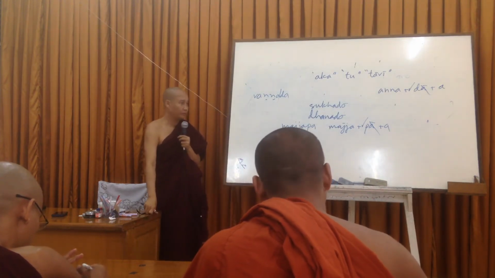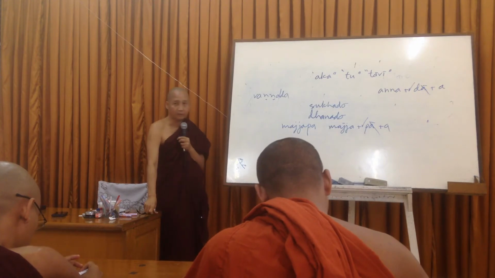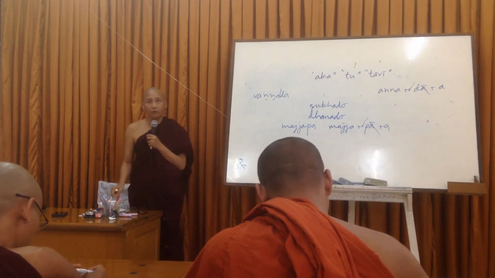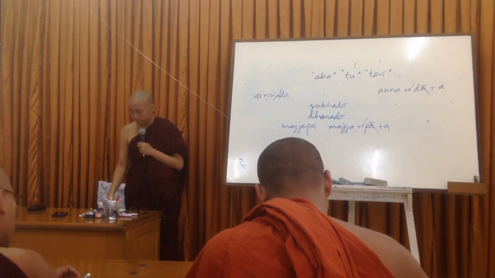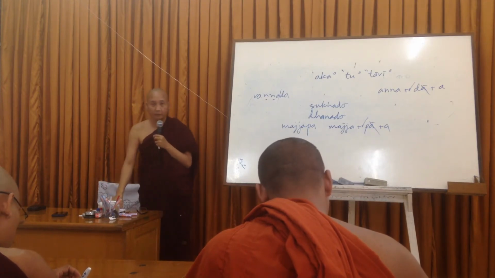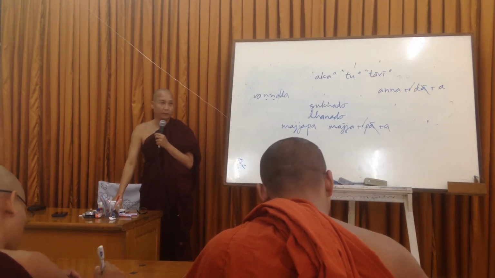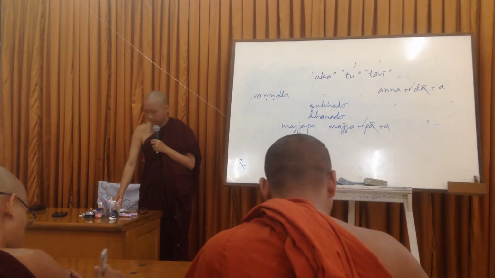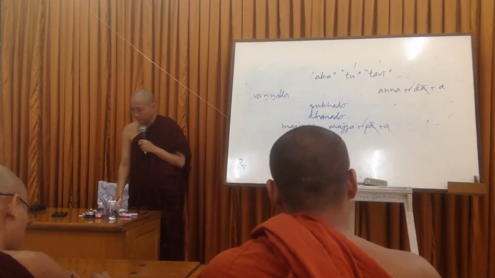Pa is to drink. So mejja is liquor, one who drinks liquor. The intoxicants, the liquors, are called mejja, like surāmerayamajjapamādaṭṭhāna. Mejjapo.